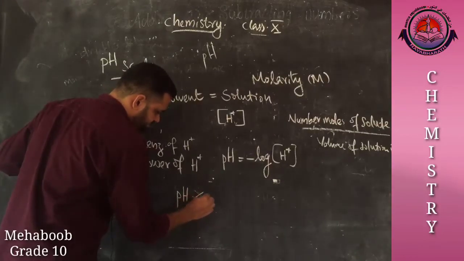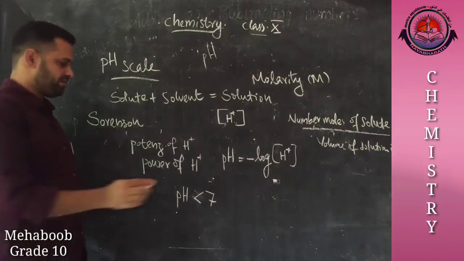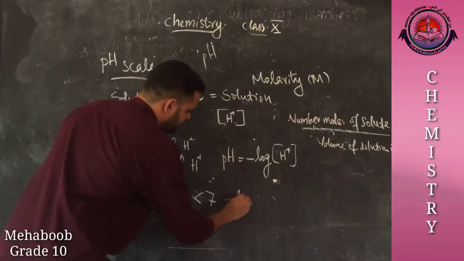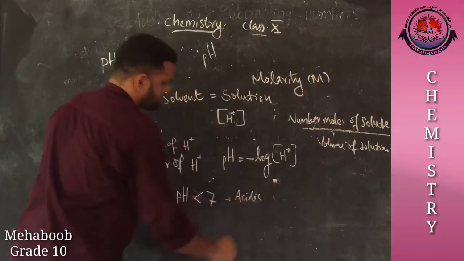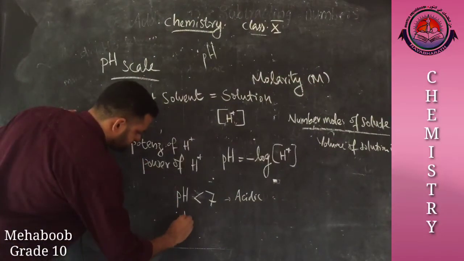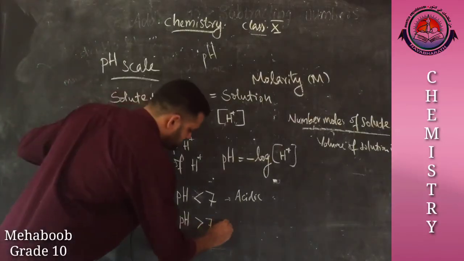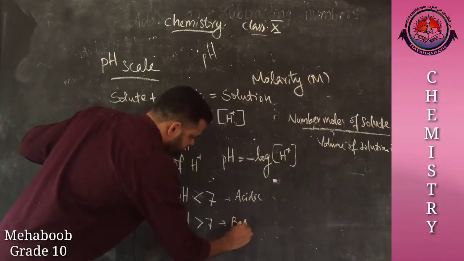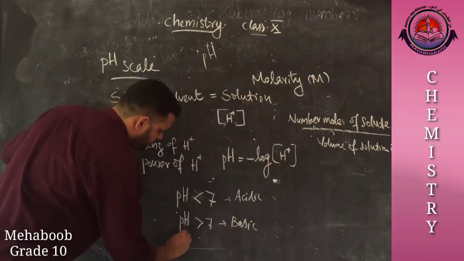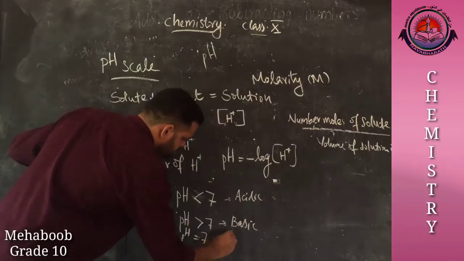If the value of pH is less than 7, then that substance is acidic in nature. If the value of pH is greater than 7, then it is basic in nature. And if the value of pH is equal to 7, then it is neutral.